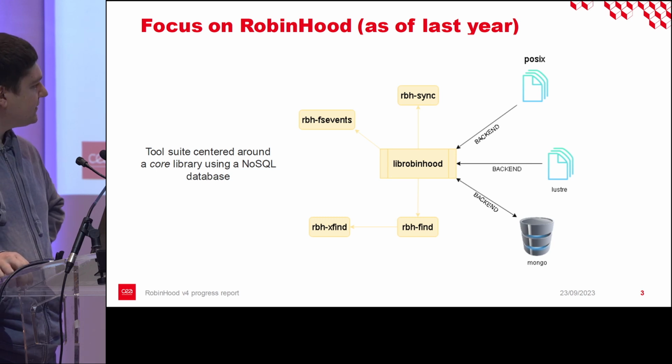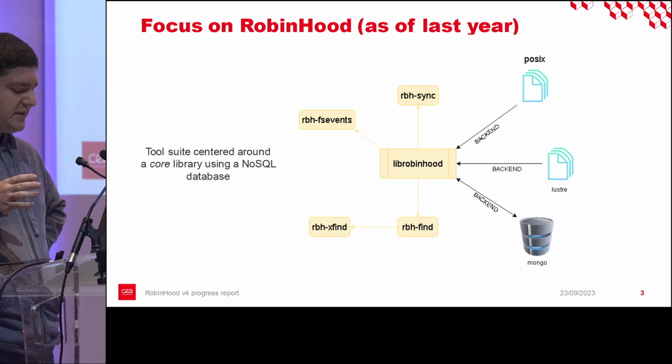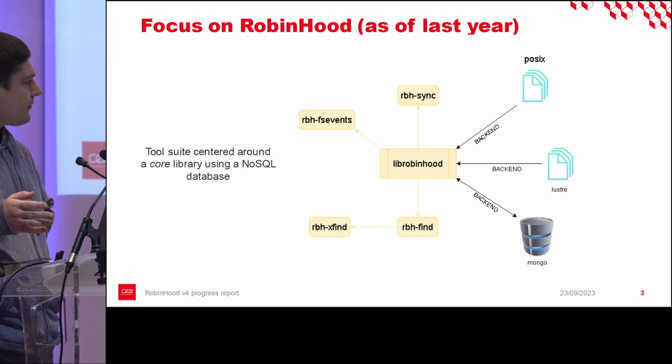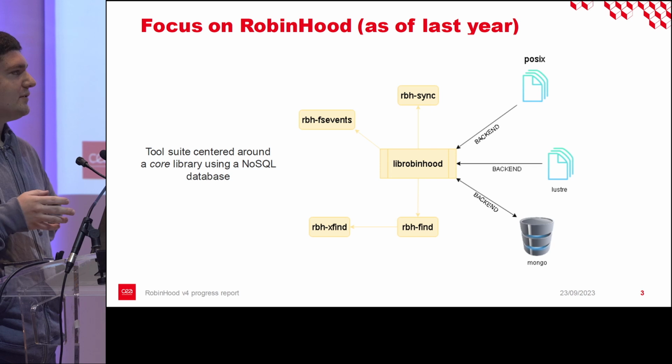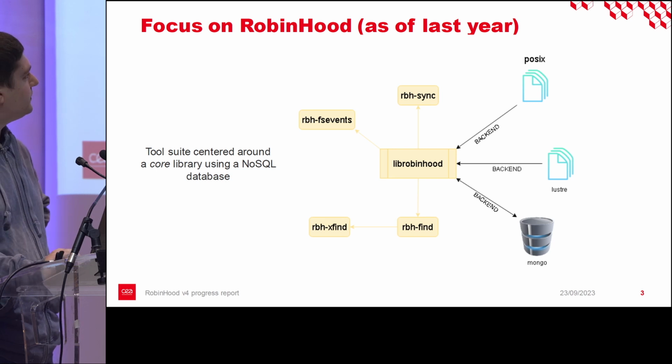We had RBH X find, which are overloads of RBH find specifically targeted towards different backends, because those backends provide different information that we need to query in a different manner from the base RBH find tool.